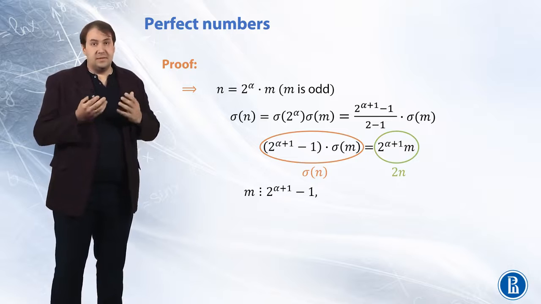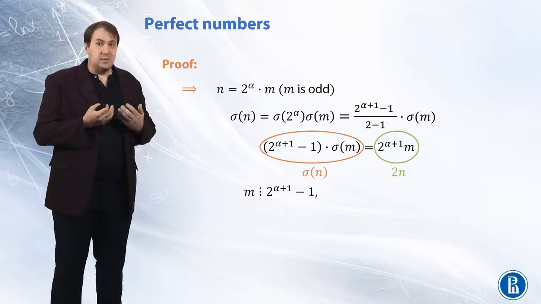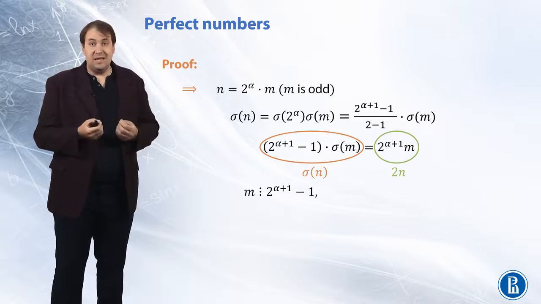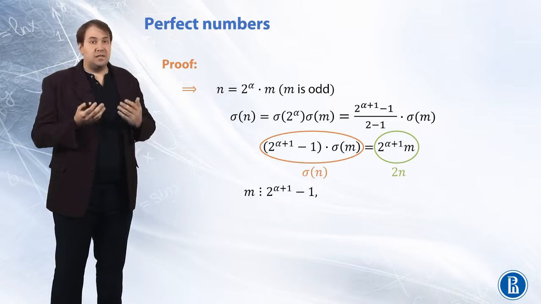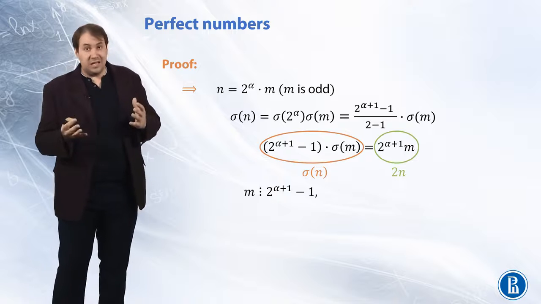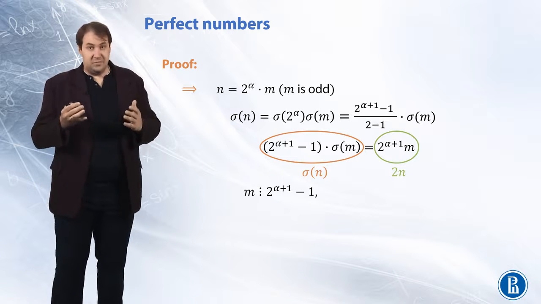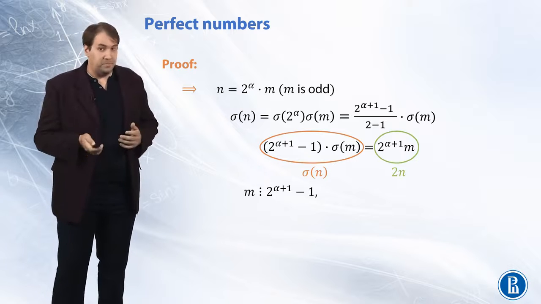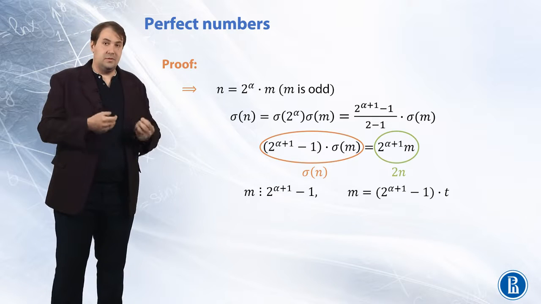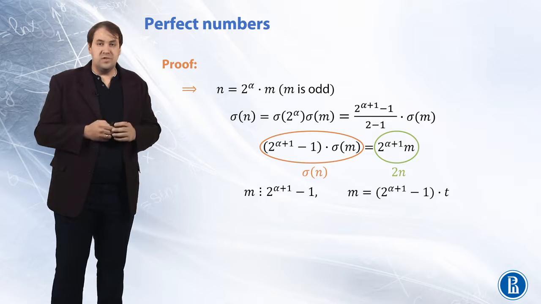The first one is the power of 2. The second one is m. And on the left-hand side, we see this expression, 2 to the power of alpha plus 1 minus 1, which is obviously odd. And a power of 2 and an odd number are mutually prime. So m must be divisible by this odd number. Let's denote by t the result of dividing m by this odd number, and go on with the proof.